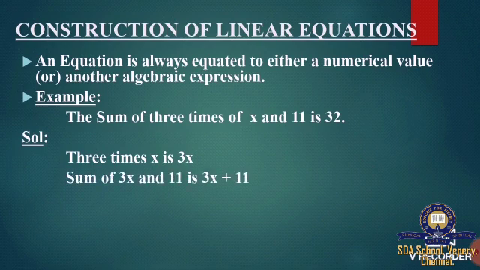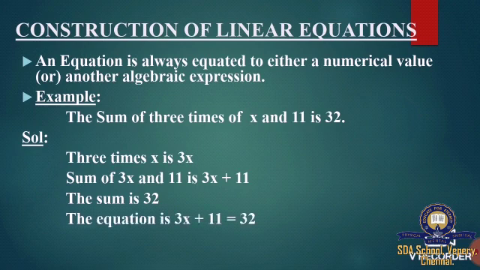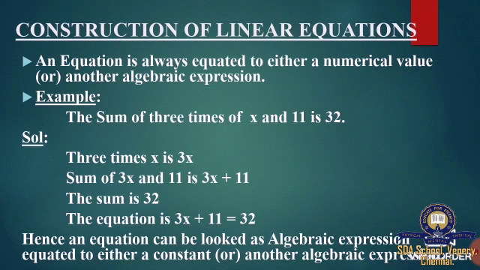Now, the sum of 3x and 11 is written as 3x plus 11. Here the sum is 32. Therefore, now we form the equation 3x plus 11 is equal to 32. Hence, an equation can be looked at as an algebraic expression equated to either a constant or another algebraic expression. This is known as the construction of a linear equation.